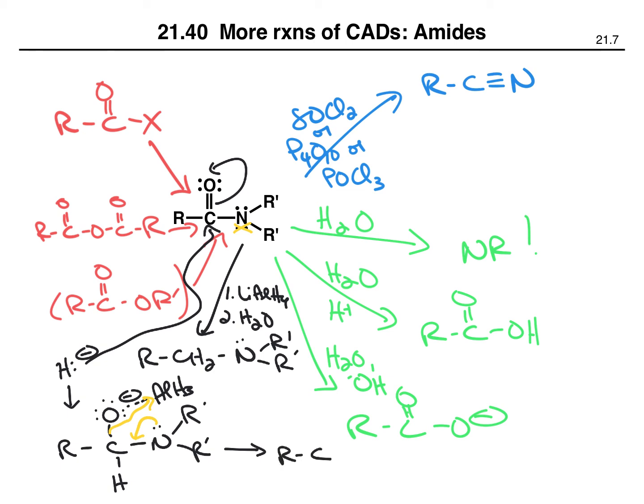And that would give this, with a positive charge on the nitrogen. This is called an iminium ion.